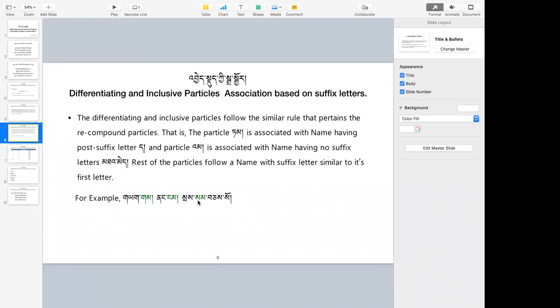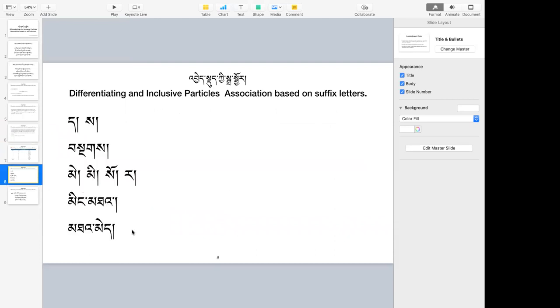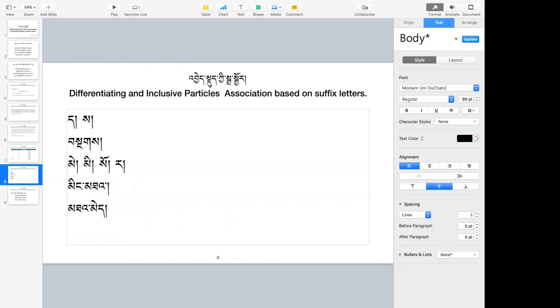We must also understand that when we say rest, we are once again including hum. This is because when we talk about the rest, we are talking about the rest of the particles, which need to be associated with all 10 suffix letters. If we say that hum is already being used with words without any suffix letter, then we have a problem. The problem is that there are names which have ha as the suffix letter. For example, let's say kaha. We see that the last letter, the suffix letter, is ha.